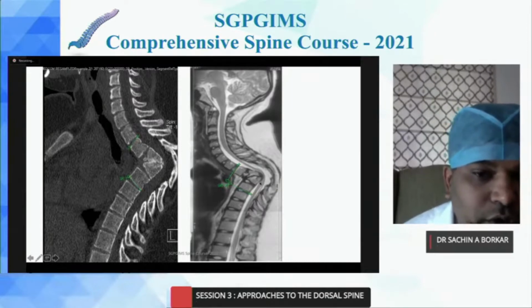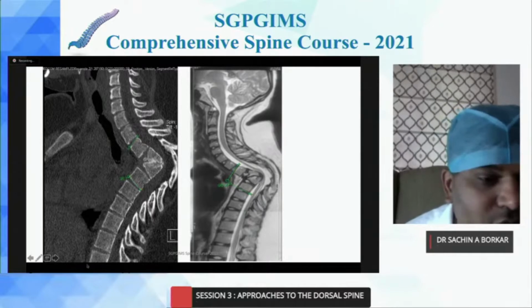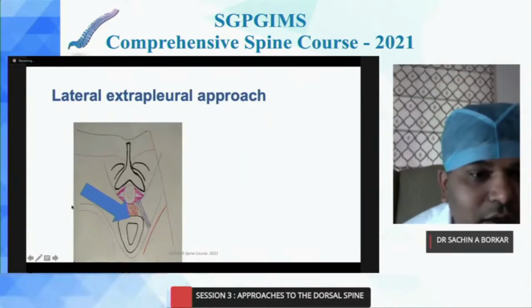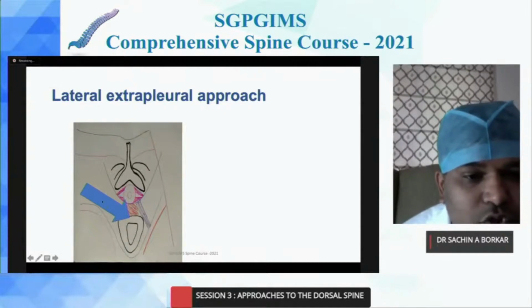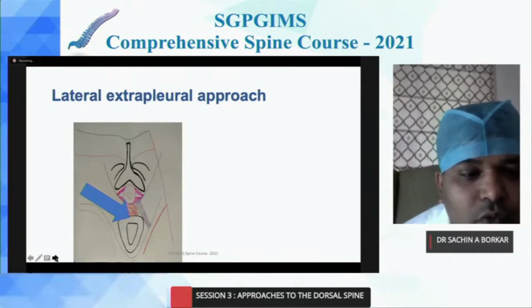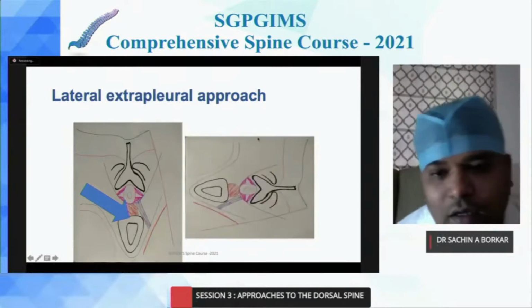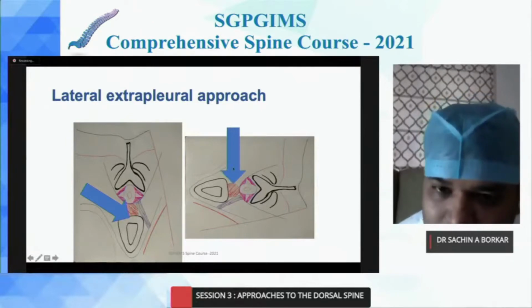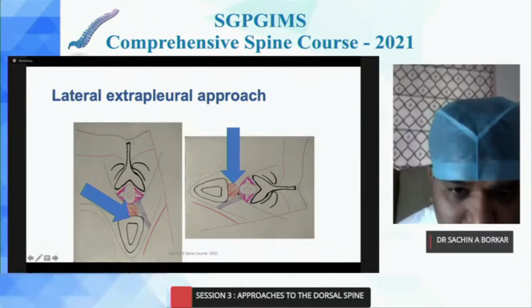So if you do it in a lateral position, which is called the lateral extrapleural approach. So this is the standard lateral extracavitary approach in prone position, where you are actually reaching here. But if you tilt the patient and make the patient lateral, your trajectory will actually be straight and the cord will be safe.